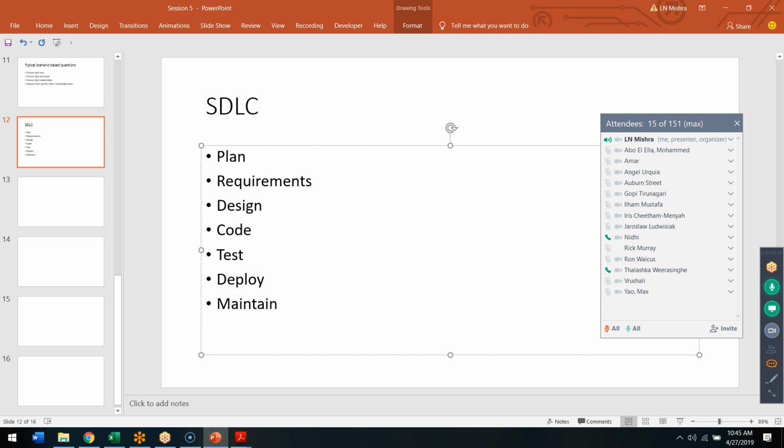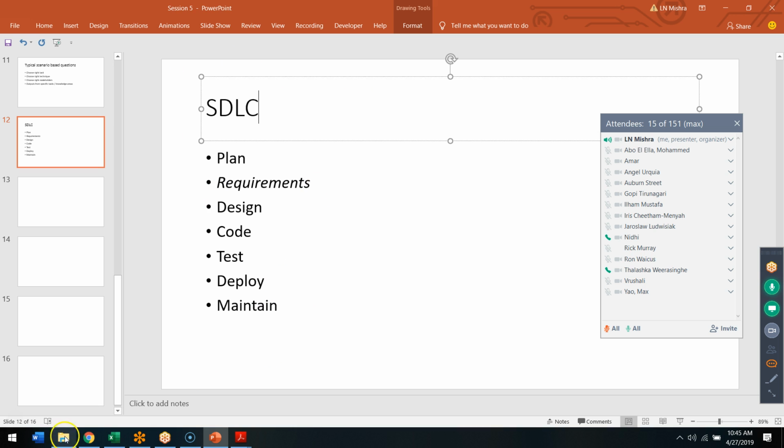This is the typical SDLC most companies follow. So we come here as business analysts, trying to find out the right requirements for the solution, what's in scope, what's not in scope. All those things are our responsibility. But the project planning typically happens before we do our detailed planning.